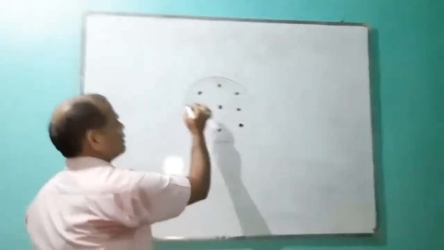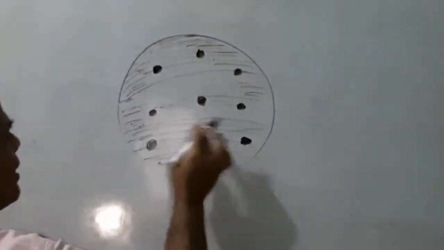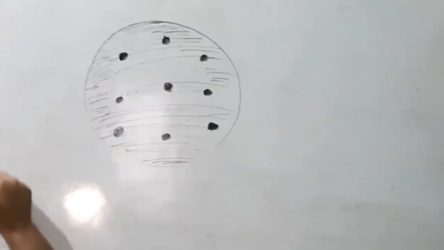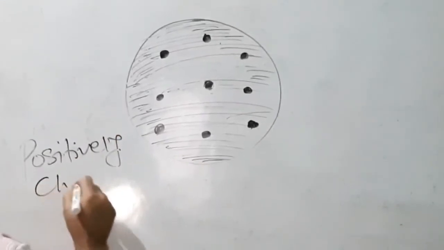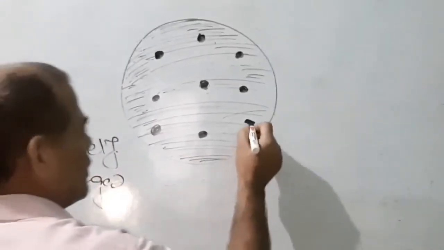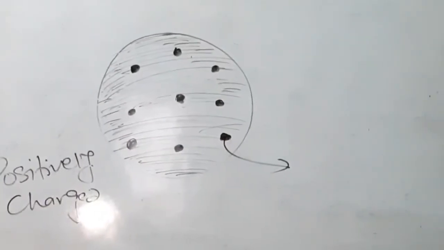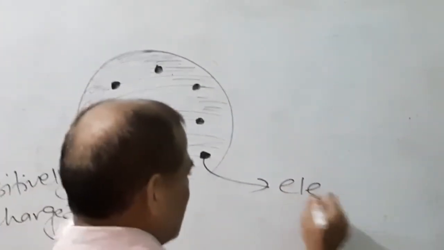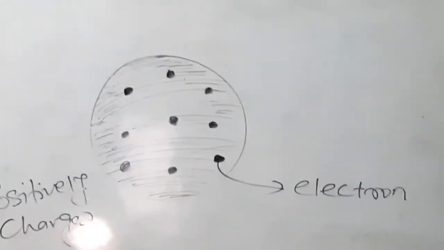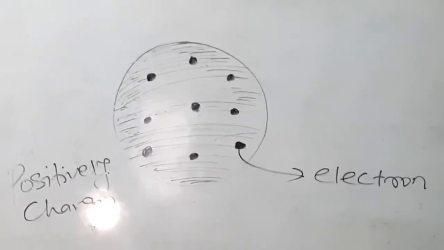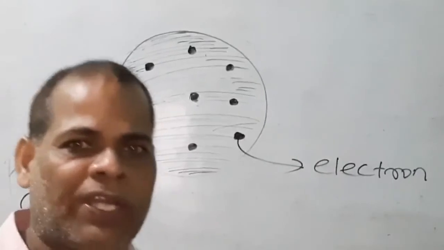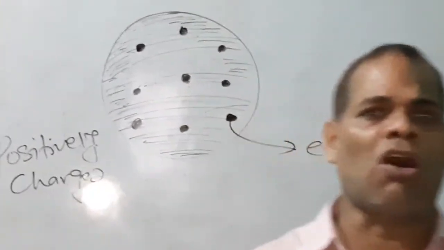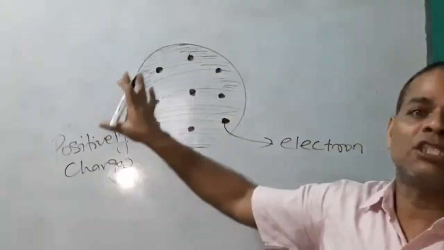Here you see this shaded part is the positively charged part, and the black dots represent electrons. He said that the total positive charge is balanced by the total negative charge, and the whole mass of an atom is evenly spread.